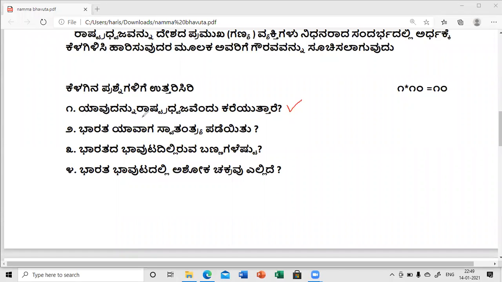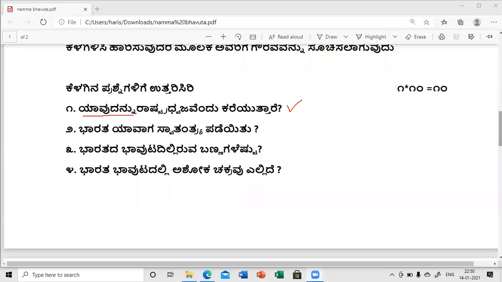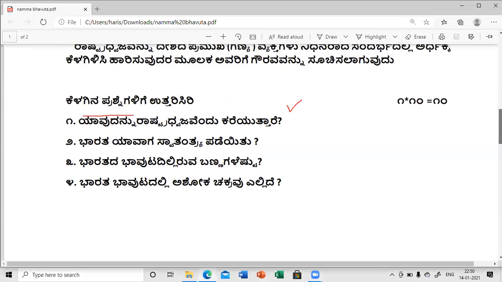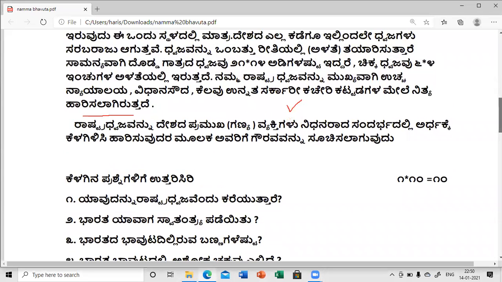In the question, you have to select the keywords which are specifically asking for information. So you select this word, ಯಾವುದನ್ನು, which means "which". Which flag is usually called the national flag?